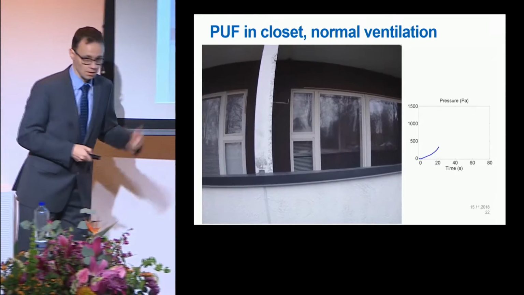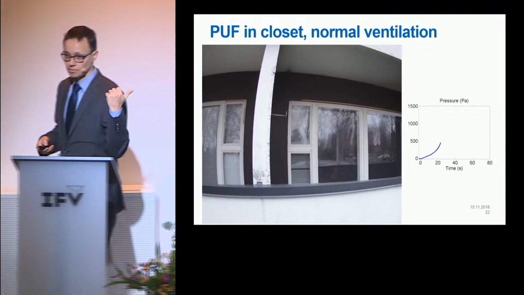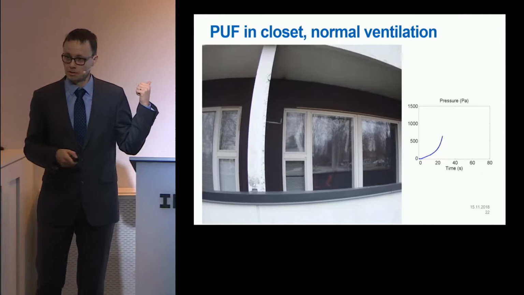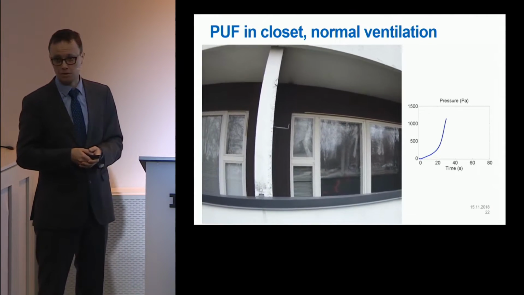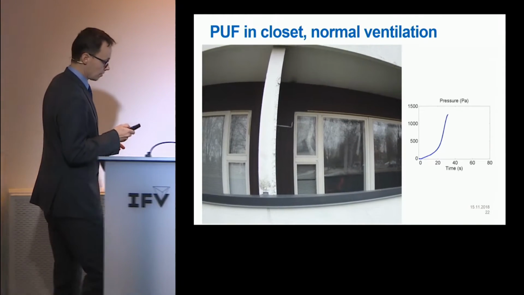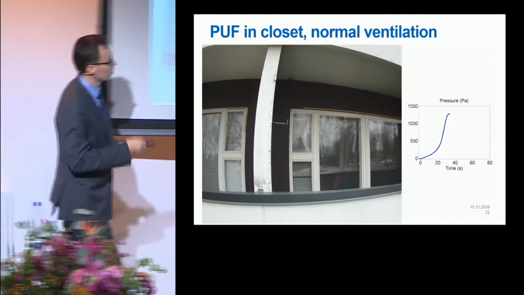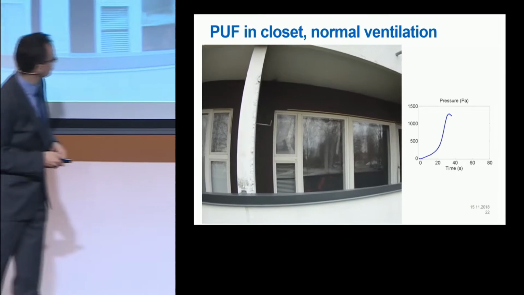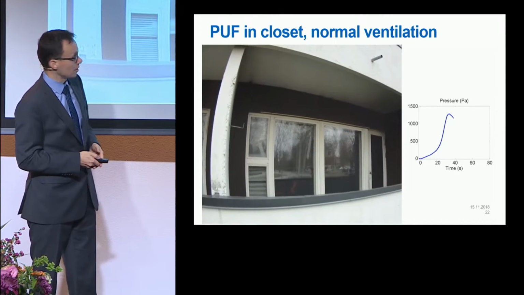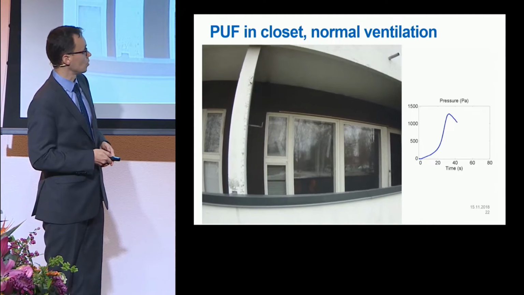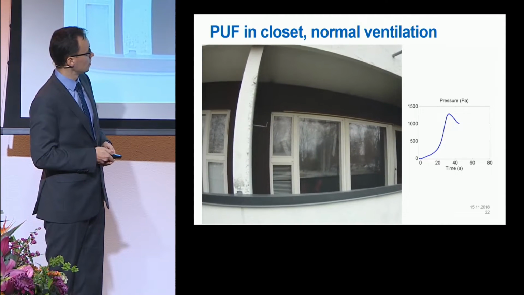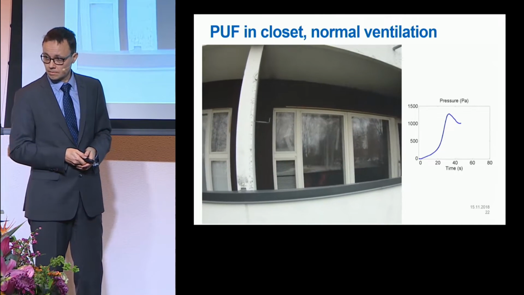This is another polyurethane foam test in our experiments. Now the foam was in the closet. You see the pressure on the top, on the right, more than 1,000 pascals at the moment, going down for a moment, then increasing again.